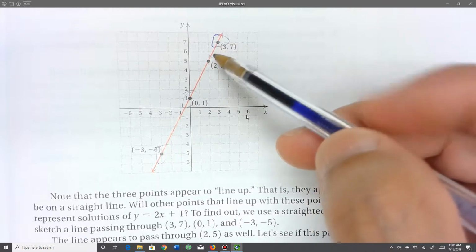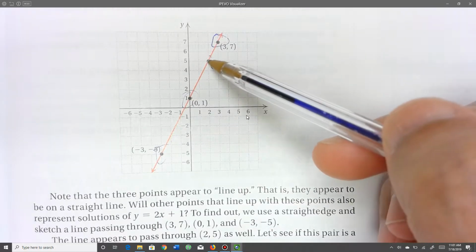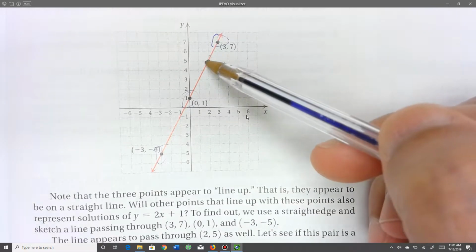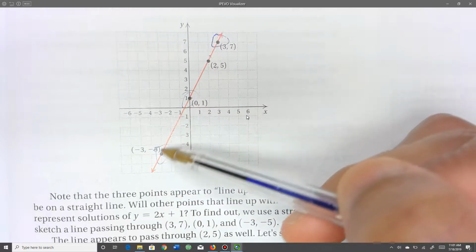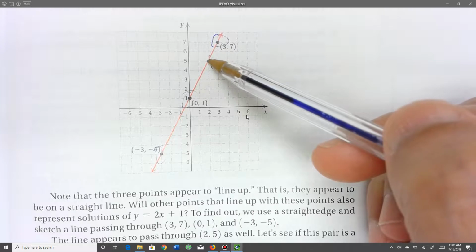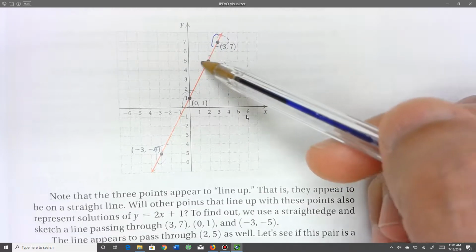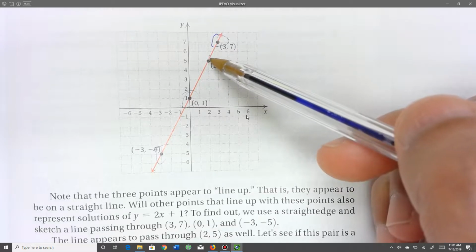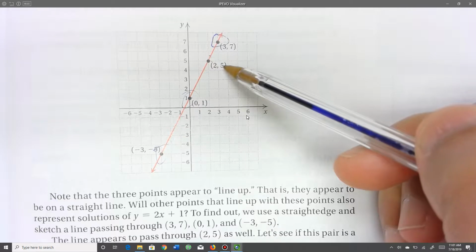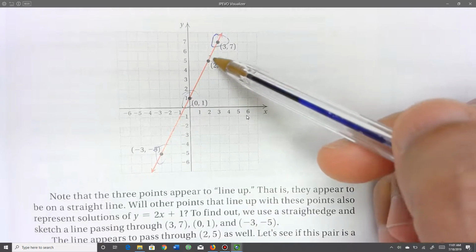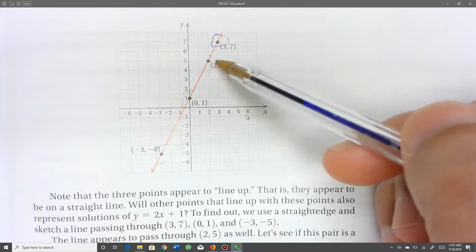In this case, we know that the point 2, 5, or ordered pair 2, 5, is going to be on the graph, because it crosses here at the intersections. So that's one easy point to determine, to know the x and y values, because it crosses at the intersection.